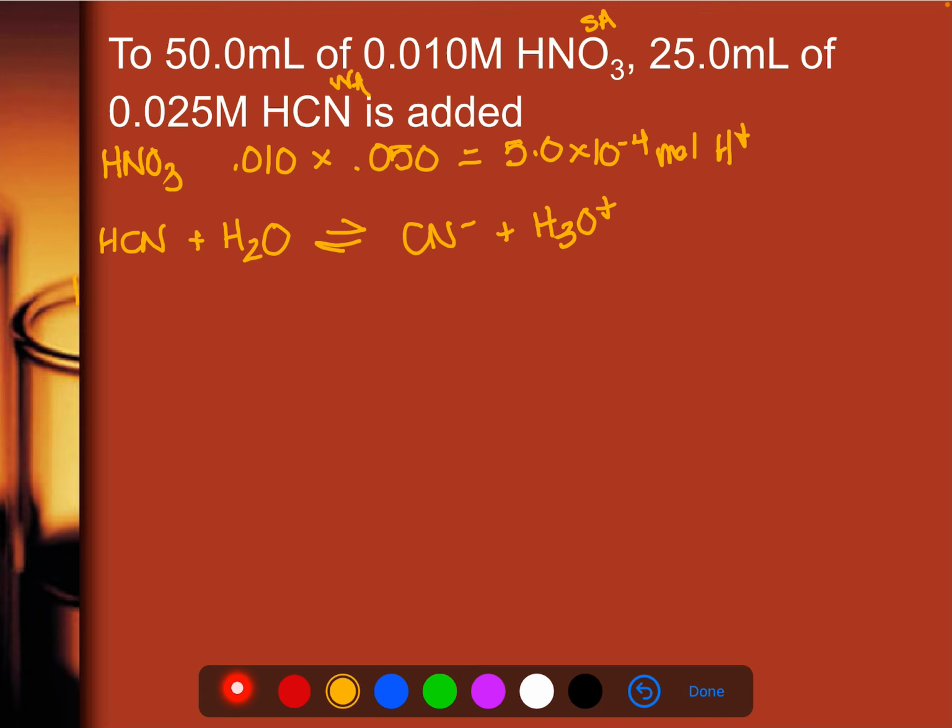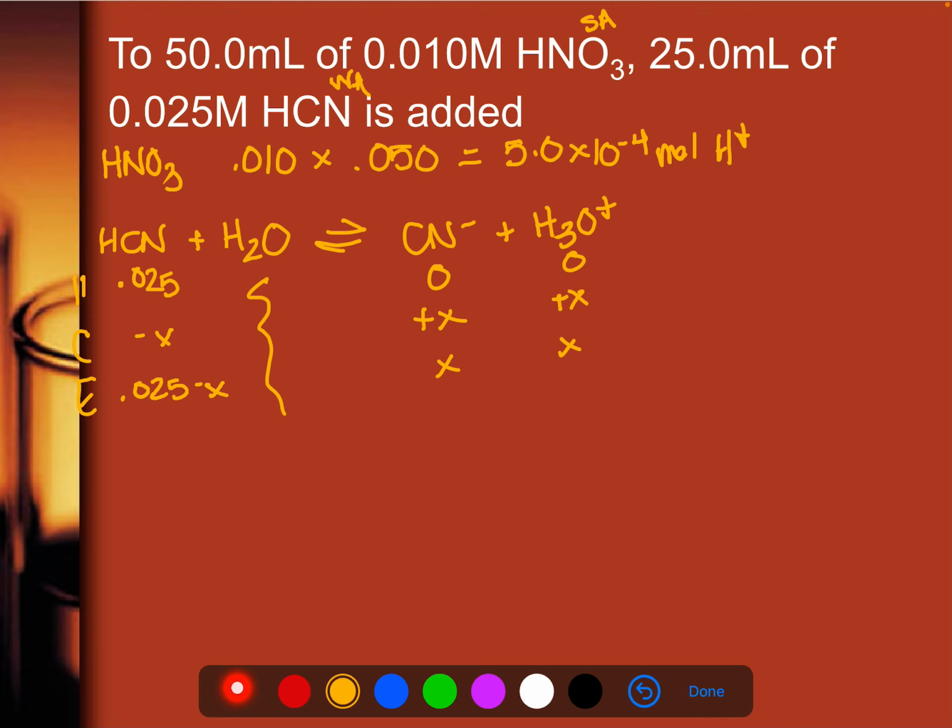If we initially have 0.025 molar hydrocyanic acid, we have none of the ions initially, our products are going to increase by a factor of X. Our reactant is going to decrease by a factor of X.